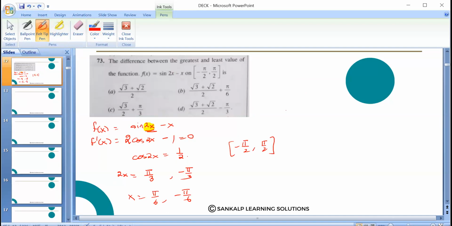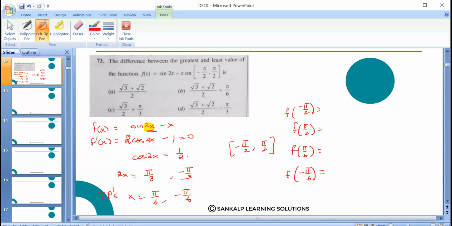So you have to find f of minus pi by 2 endpoint, f of pi by 2 endpoint, f of pi by 6 turning point, and f of minus pi by 6, another turning point.